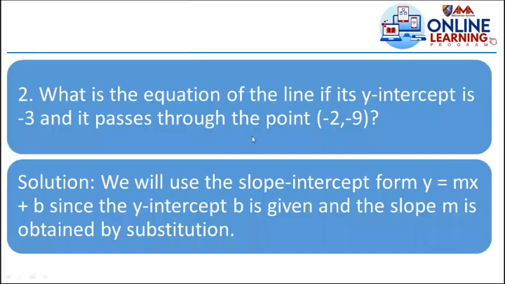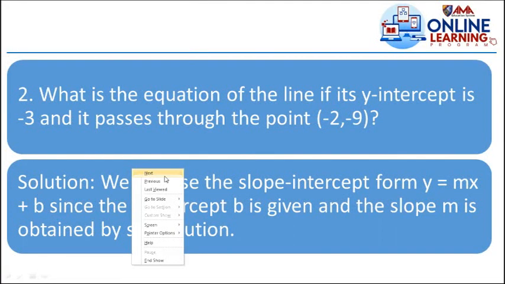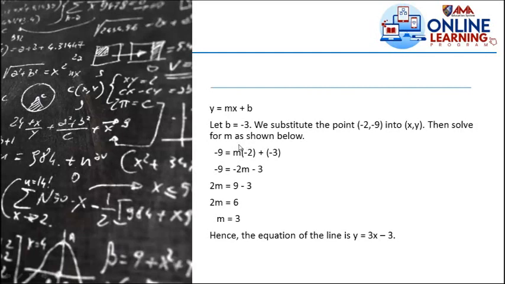Okay, so from our formula, y is equal to mx plus b. We're looking for the equation of the line. So with this, our y is equal to negative 9, is equal to m times x. Our x is negative 2, then plus b. Our b is equal to negative 3.